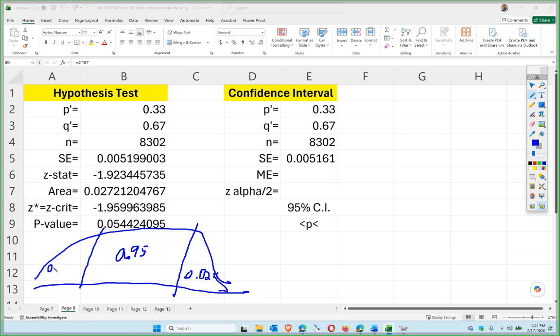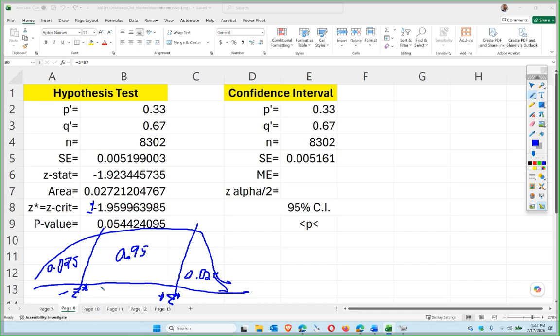This will be 0.025. This is our z star, or z critical, and this is our z critical here. The only difference is this is plus or minus, so this is the negative one and this is the positive one. They are both 1.95, plus or minus.